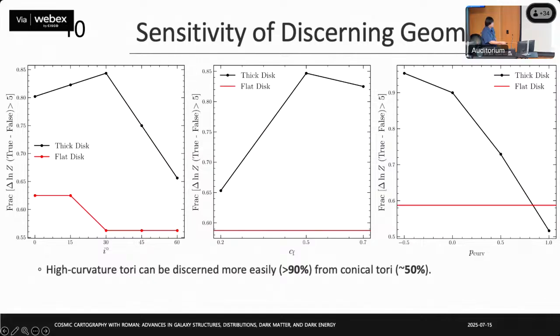And you can see that when the curvature is flat, which means it is basically a conical torus, it is a little bit difficult to discern the model from the flat torus, but it is still at 50%.